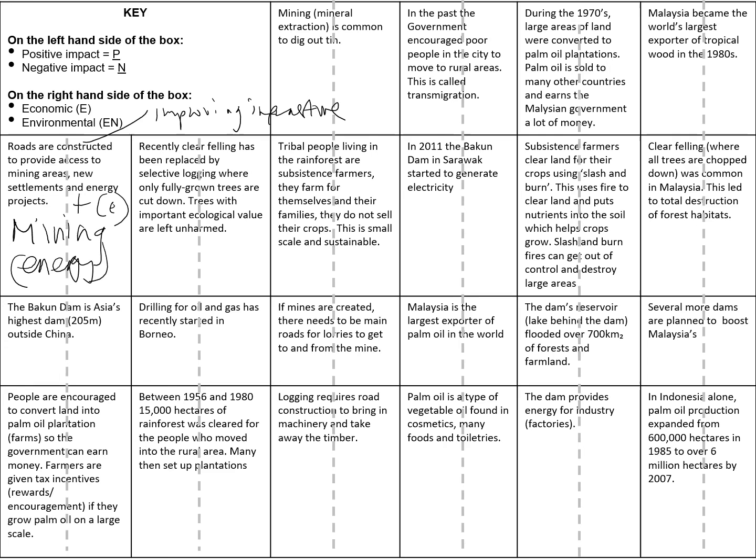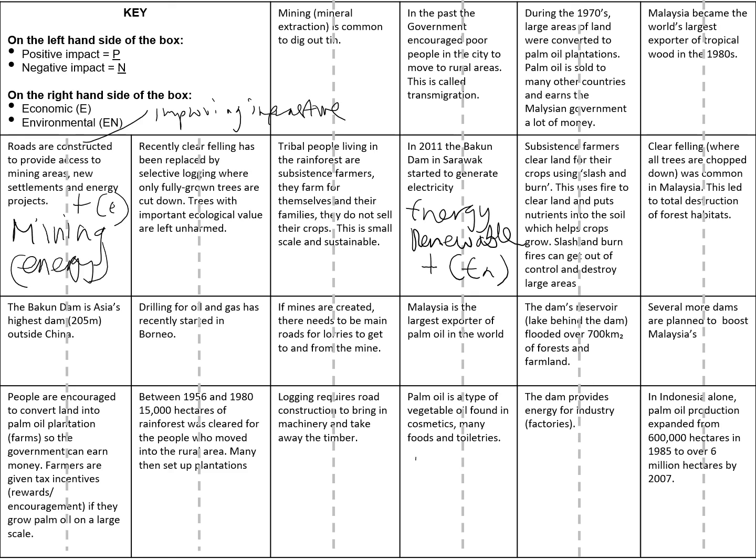In 2011, the Bakundan in Sarawak started to generate electricity. So this is similar to energy, and it's renewable energy. So that means it's not releasing any carbon dioxide. So this is a positive and it would be an environmental benefit. Palm oil is a type of vegetable oil found in many cosmetics, foods and toiletries.